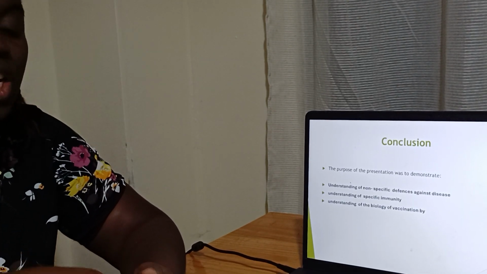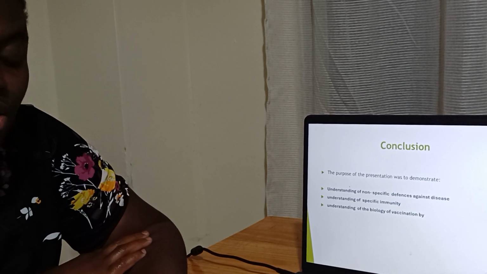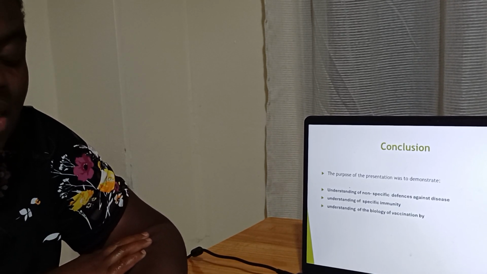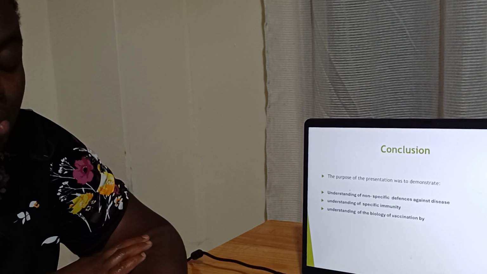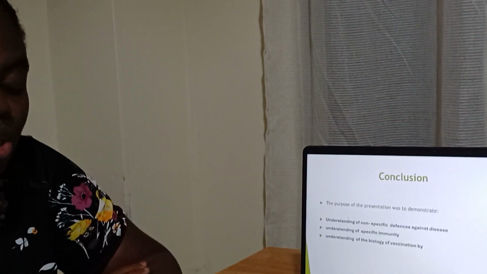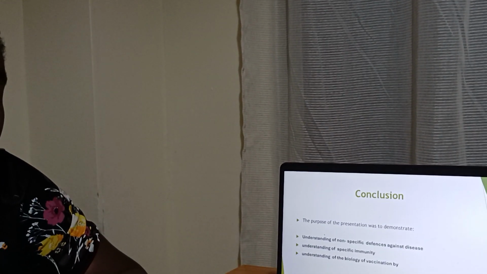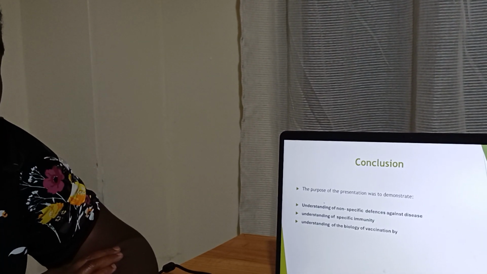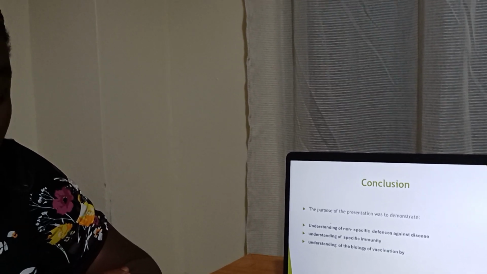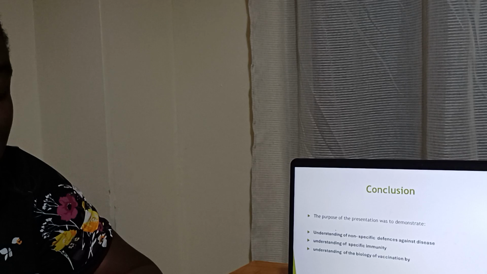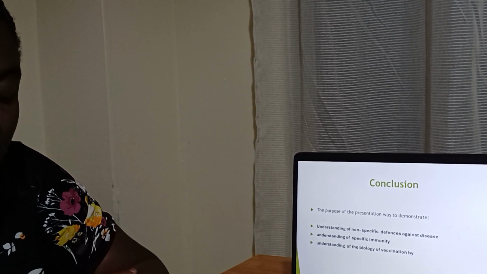So in conclusion, the purpose of the presentation was to demonstrate an understanding of non-specific defense against diseases by describing the first and second line of defense, giving specific examples. The second session was to demonstrate understanding of specific immunity by explaining the third line of defense, for example, acquired immunity, and explaining self-recognition and tolerance to own tissue and rejection of transplanted organs, and then describing two specific immune system disorders.